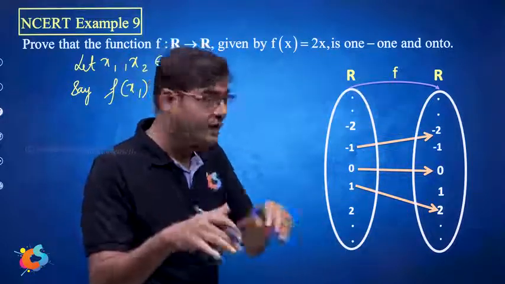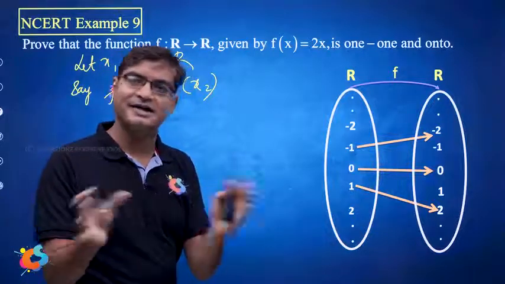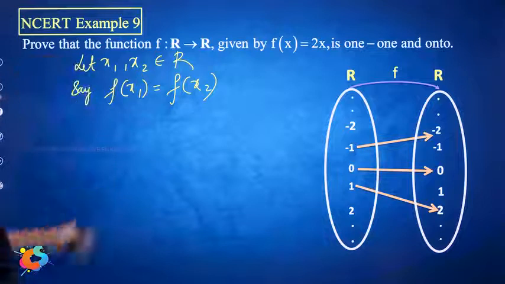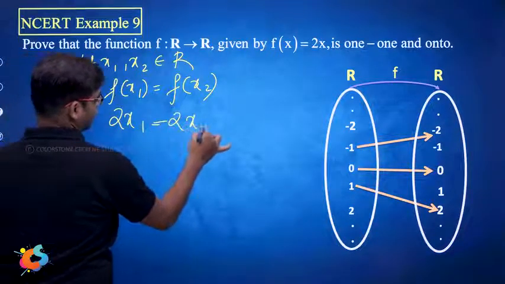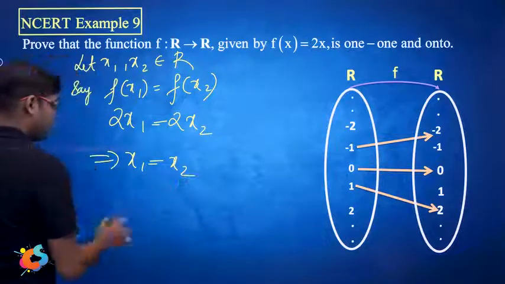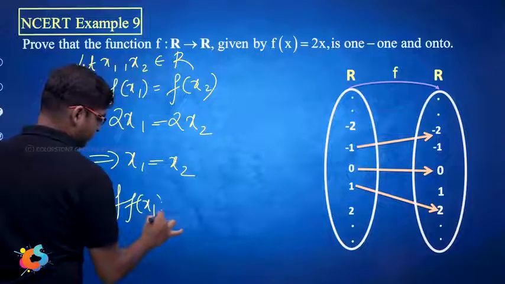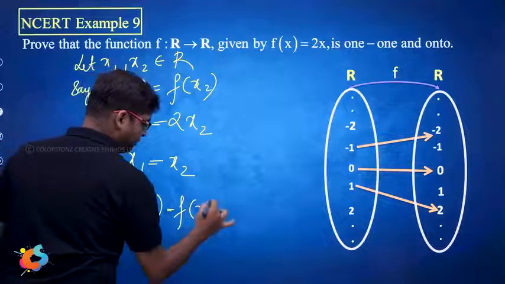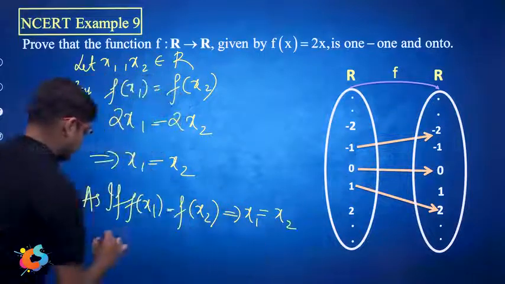So when you're proving, you have to prove by this method. If you're disproving, if you show one example, that is sufficient. So here f of x1 is equal to f of x2, 2x1 is equal to 2x2, implies x1 is equal to x2. So f of x1 is equal to f of x2 implies x1 is equal to x2.